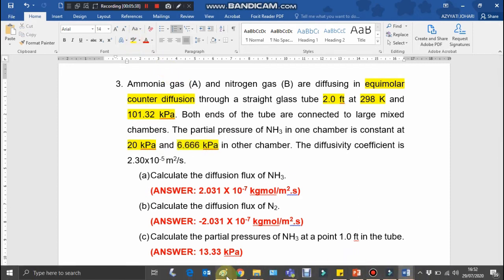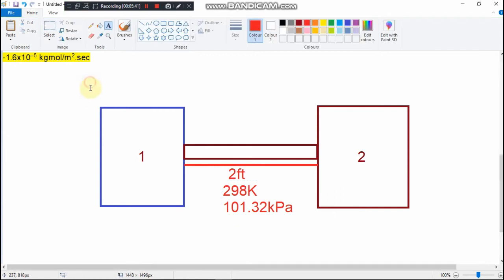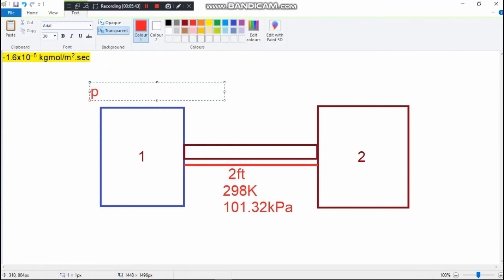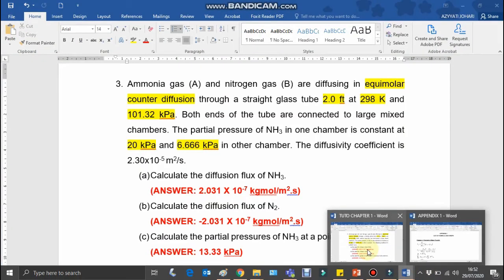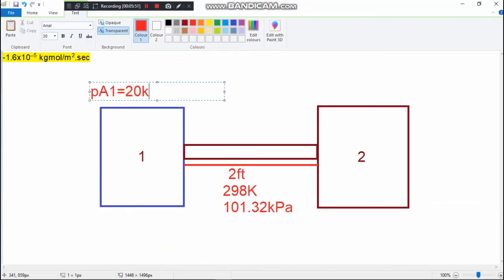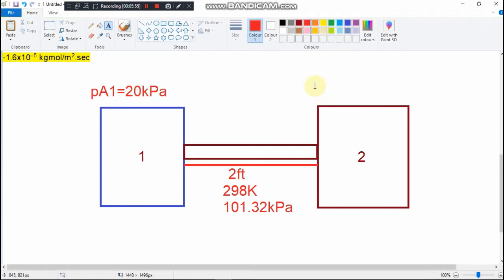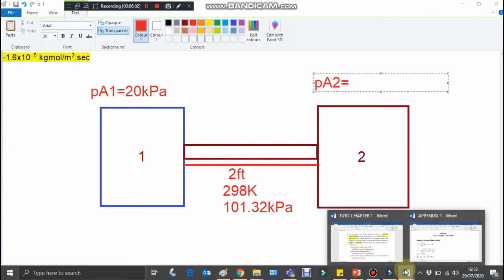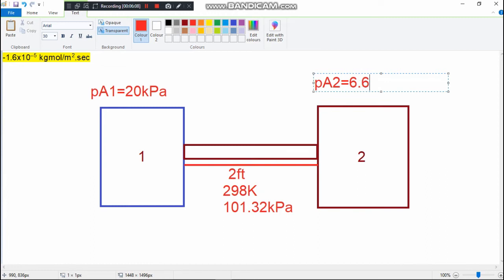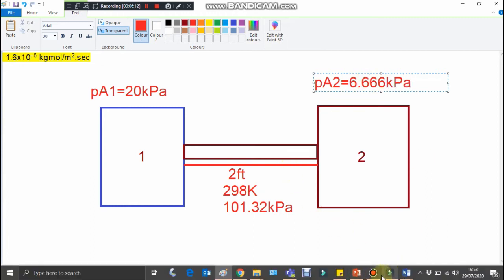So in this diagram, PA1 is equal to 20 kPa, and PA2 is equal to 6.666 kPa.